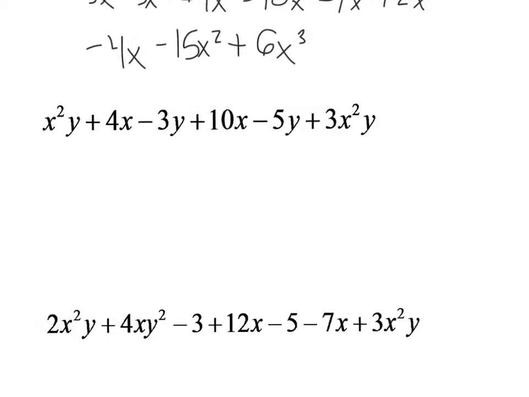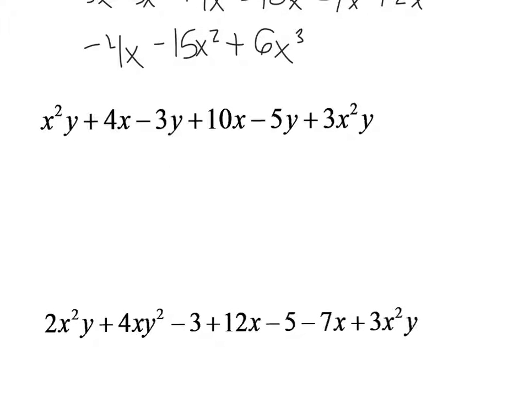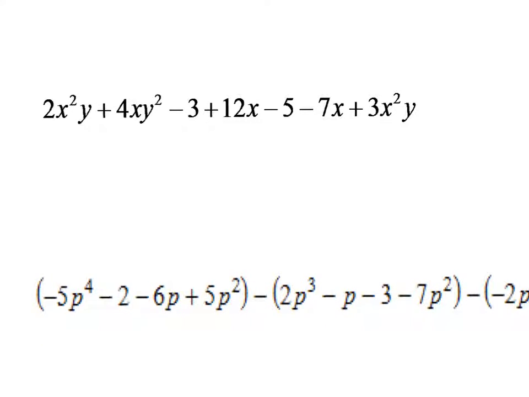Going down here, here's some more. We can try again. The exponents have to be exactly the same in order to combine them. So I can make this 4x squared y plus 14x minus 8y. And I've got two more left here.